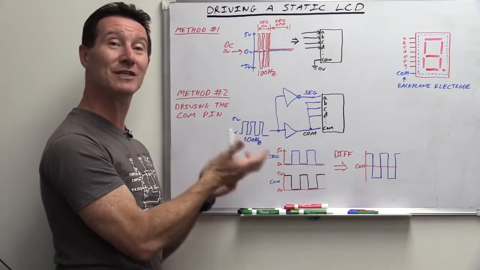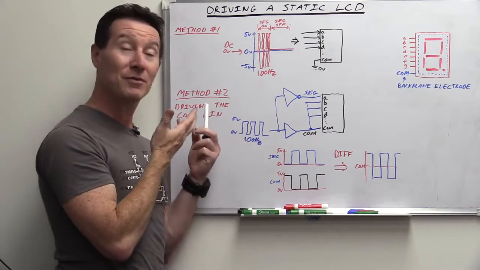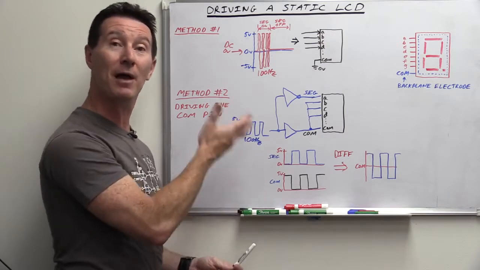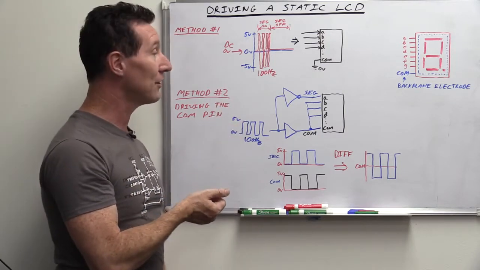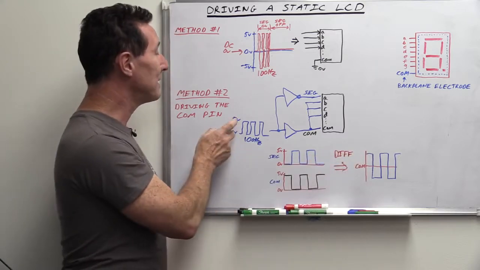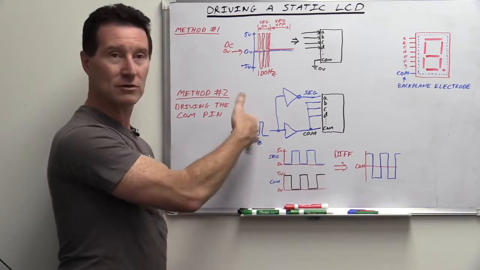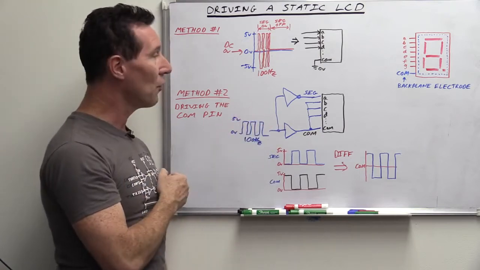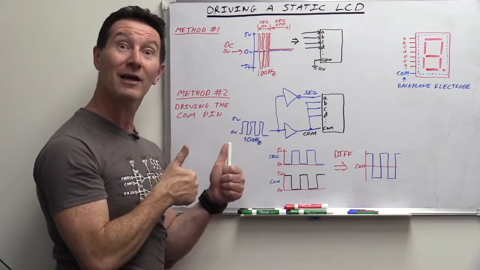There is 0 DC offset, so you aren't violating the issue with driving your LCD by having a DC offset on the common pin, and we're driving this effectively with a single 5 volt, 3.3 volt TTL, the CMOS digital source. Winner, winner, chicken dinner.